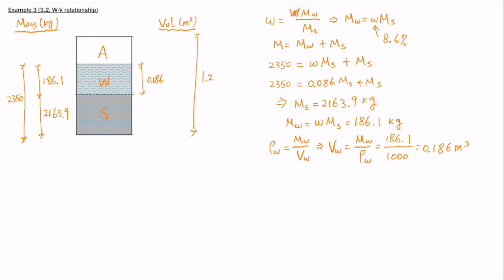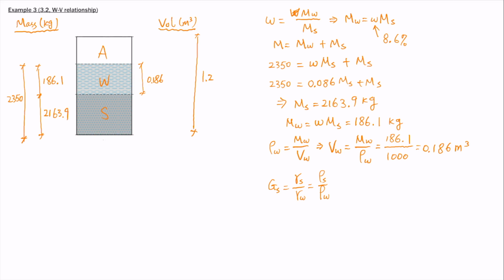Here this is 0.186. And then for the volume of solids, we're going to use the last given, which is the specific gravity of solids. We know GS is 2.71, so that's given. And GS by definition is gamma S over gamma water, and in terms of density, it's rho S over rho water.